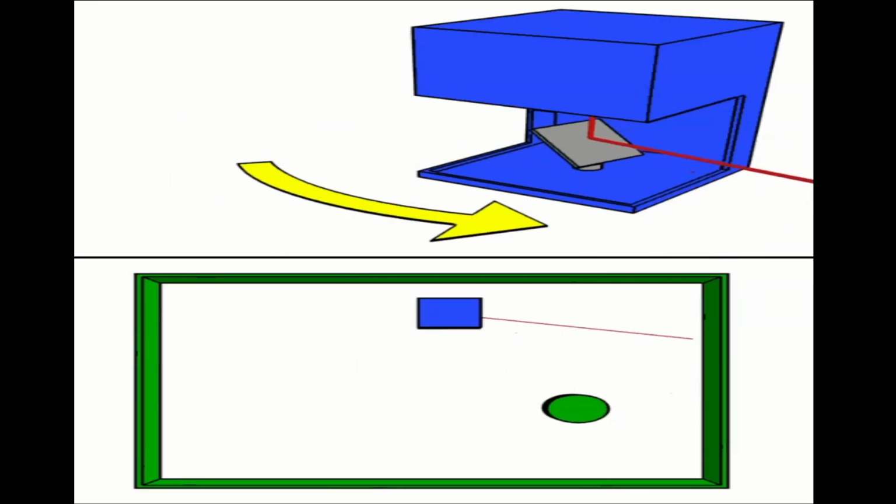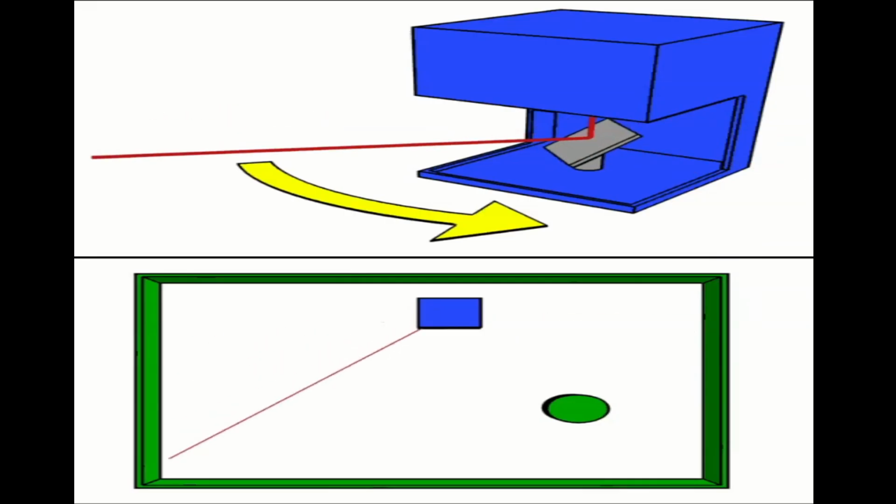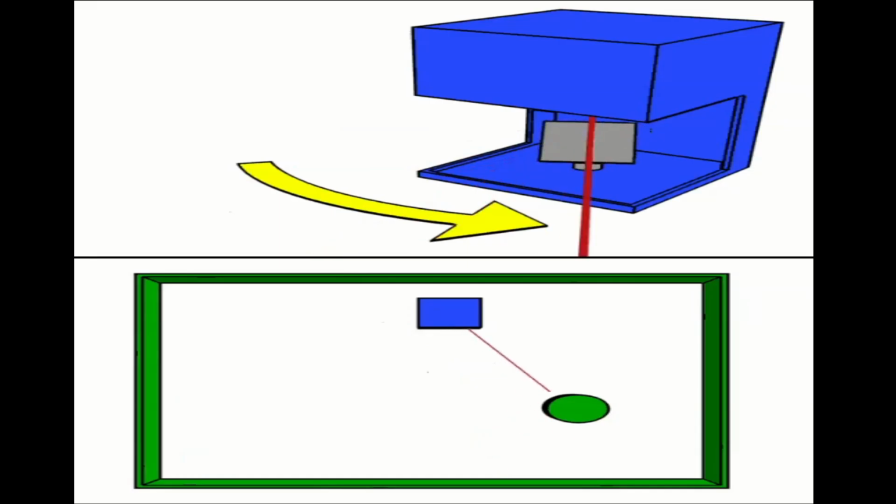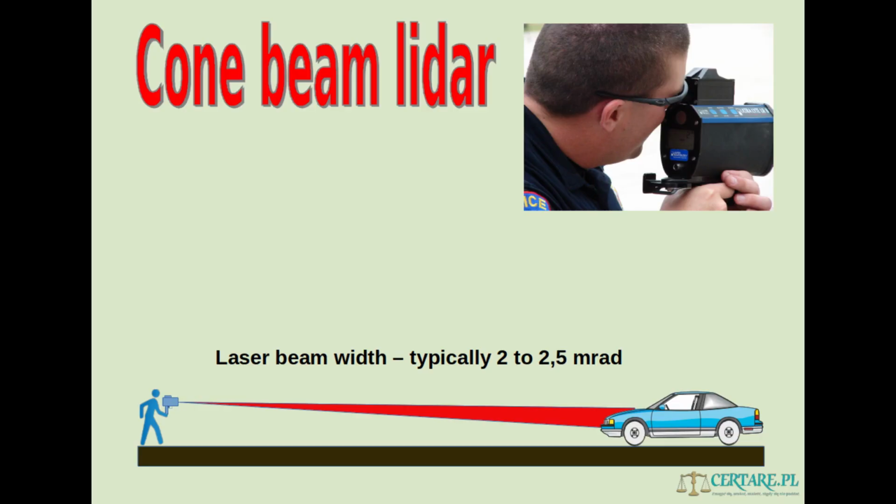And that type of LiDAR is used for a lot of things, for building 3D models of, say, sculptures or different objects or terrain or clouds, things like that.